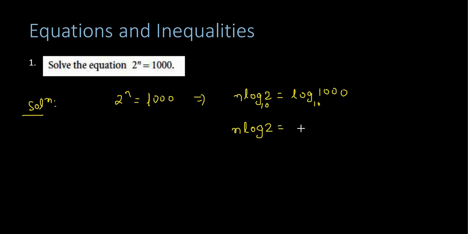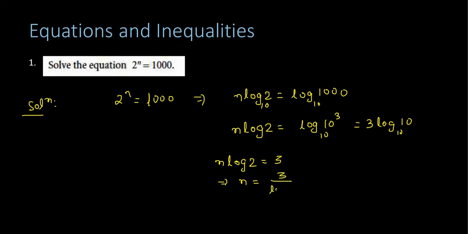I can write 1000 as 10 cube, so log 1000 is 3 log 10 with base 10, and log 10 with base 10 is just 1. So n log 2 is equal to 3. That means n is 3 over log 2.